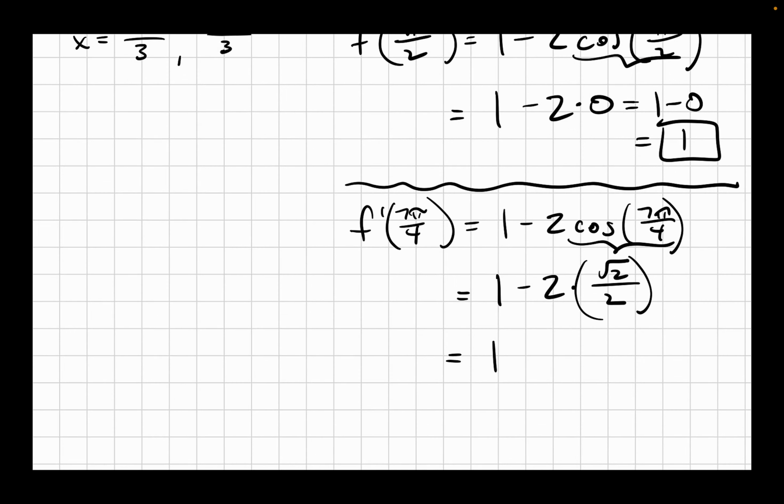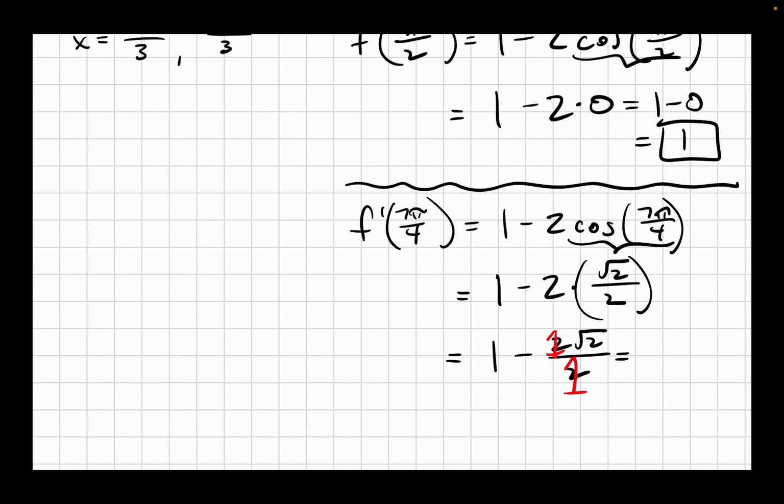Again, I don't care what the number is, I just want to know if it's positive or negative. So you're going to get 2 square root of 2 over 2. The 2's will cancel out. So really it's just 1 minus the square root of 2.